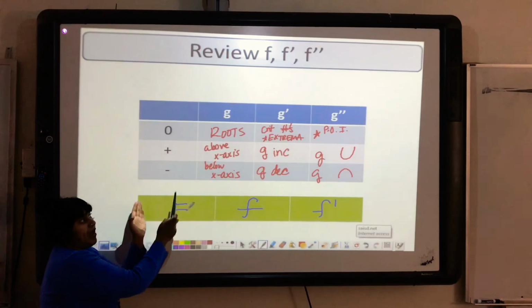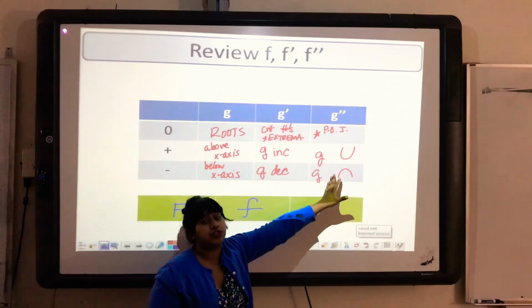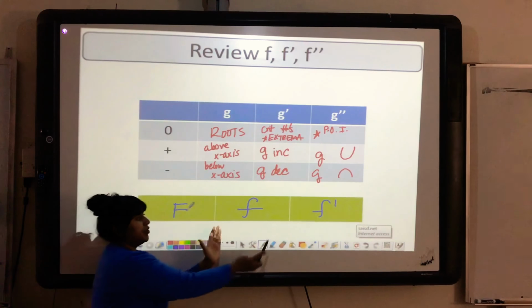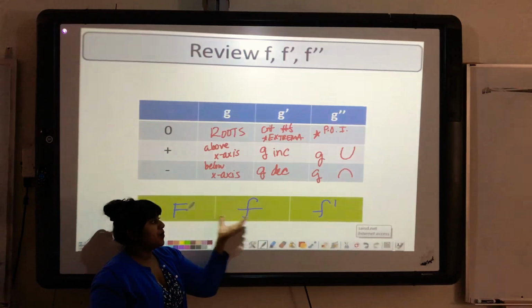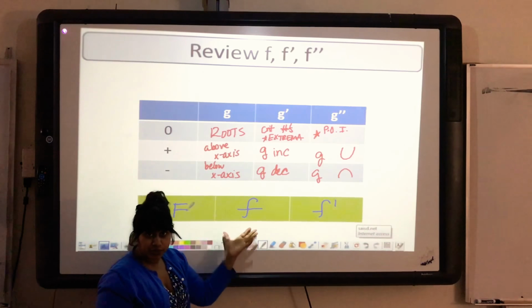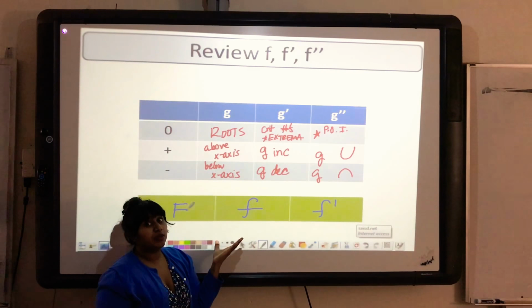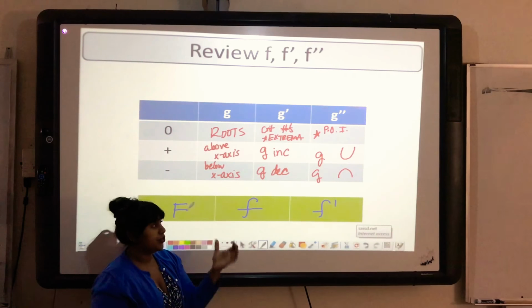Well, just like we have a relationship between g prime and g double prime with our first derivative test and our second derivative test, there is also a relationship here between the integral, the function, and the derivative. We can actually relate those. So if I know I'm dealing with 3 parts, which is what we've been dealing with all day today, we've had a function, we've taken the derivative of the integral, so we've dealt with all 3 parts.